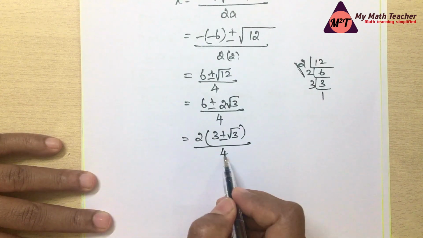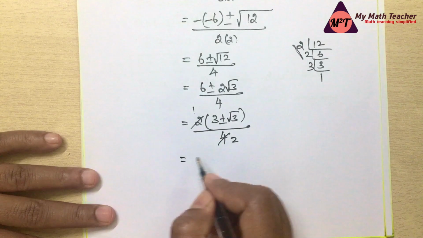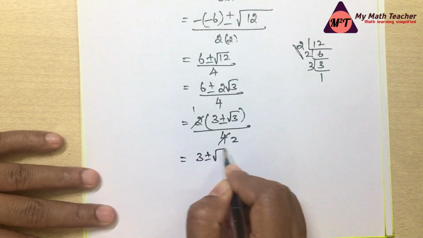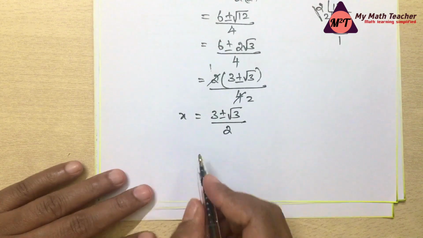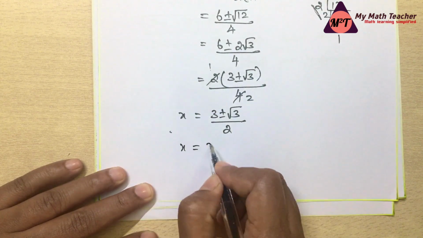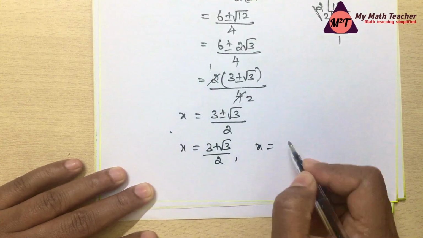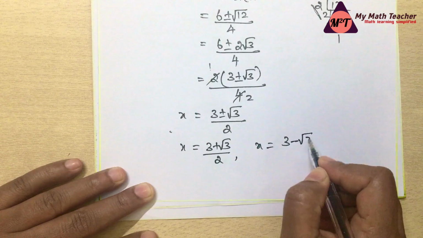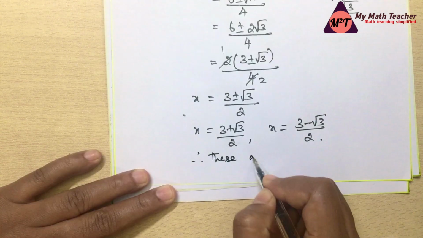Again you can simplify 2 and 4, and here it is 3 plus or minus root 3 by 2. This is the x value. Now finally we have got two clear answers. One is x is equal to 3 plus root 3 by 2 and x is equal to 3 minus root 3 divided by 2. These are the two solutions.